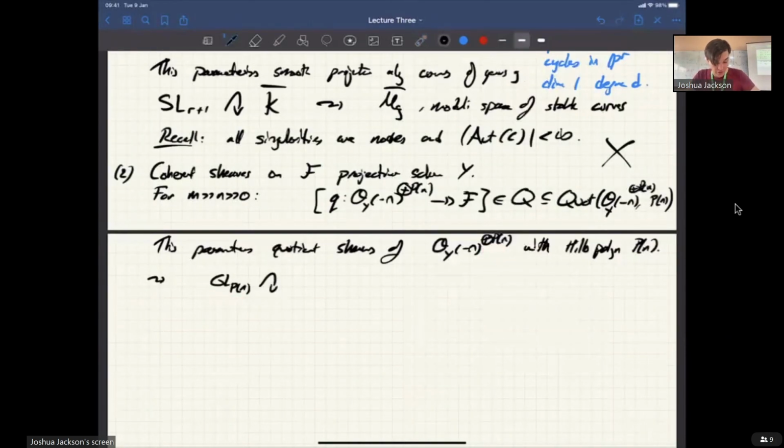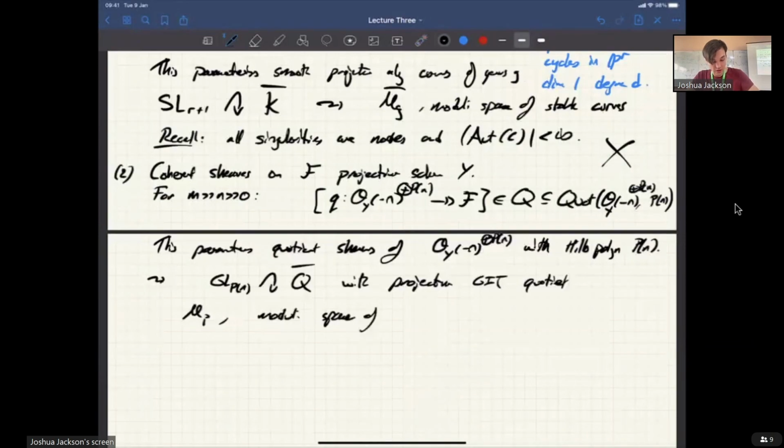This gives you an action on this locus Q. Well, take the projective closure of it. And this has a projective GIT quotient, I guess M_P, which is the moduli space of semi-stable coherent sheaves on Y.